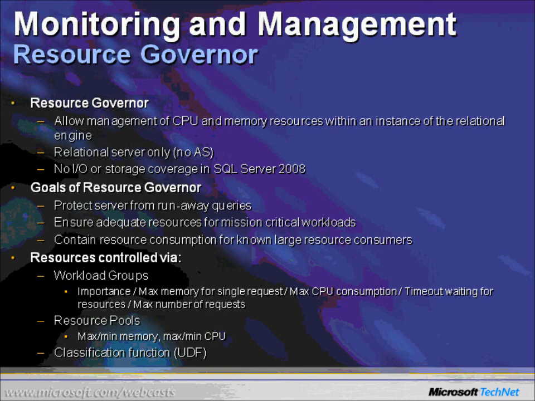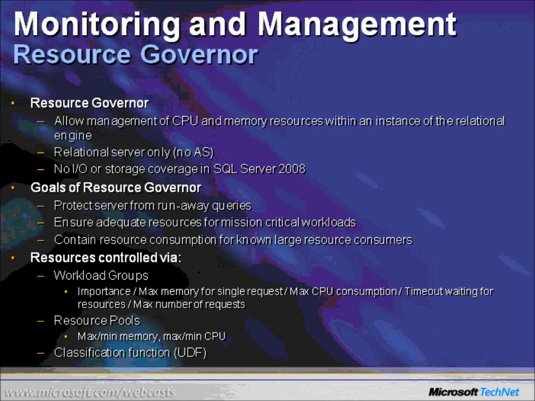One common problem we heard about when we asked customers about issues they had with SQL Server 2005 was runaway queries. In some cases, a query would come in, use up a lot of resources like memory and CPU, and keep them for a long time, essentially denying access to those resources to other users of the system.